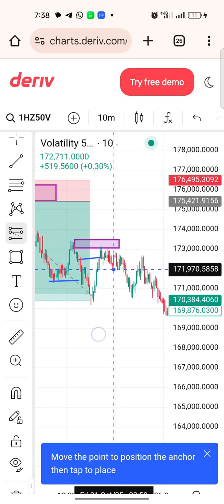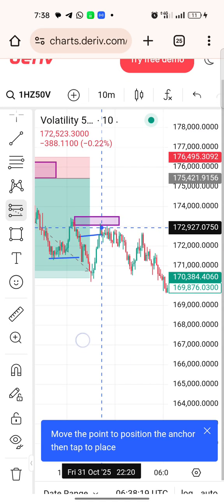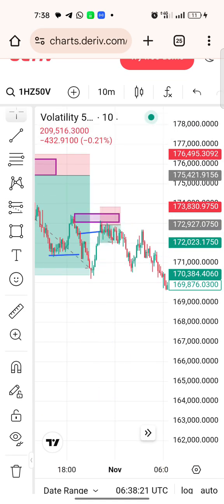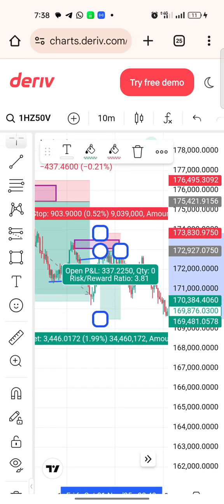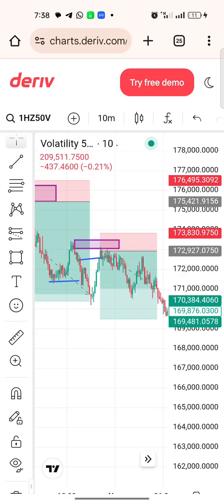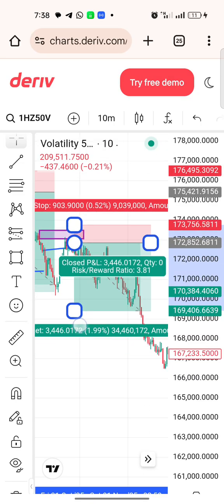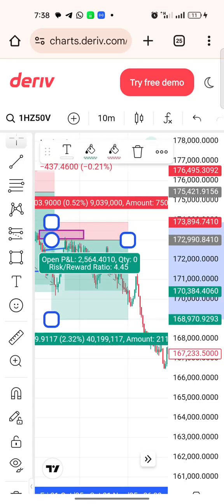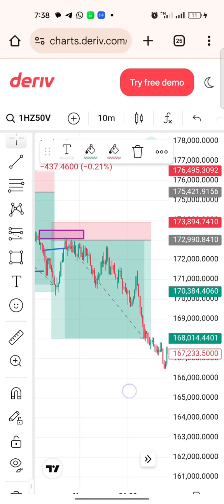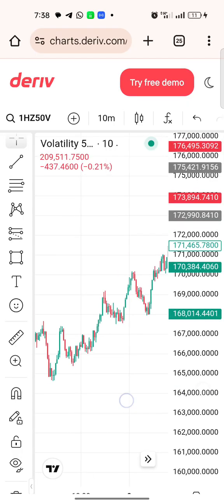So if we place our short position, imagine we placed our short positions here, it would have been up for a decent 1:5 setup. You see the magic of SMC, right?